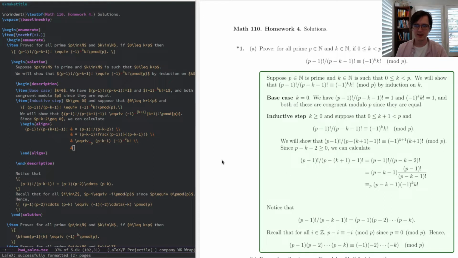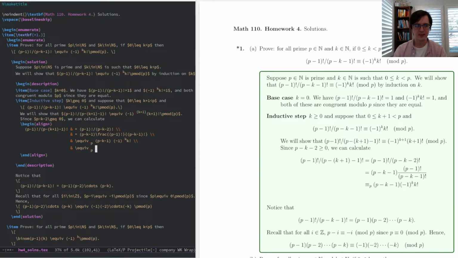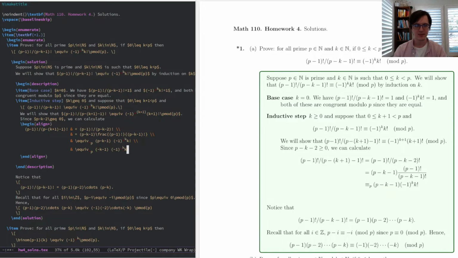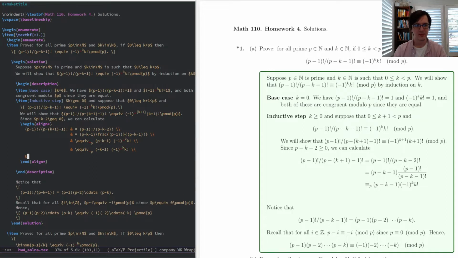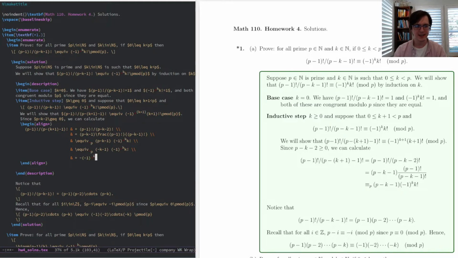And then p minus k minus 1 is equivalent to minus k minus 1, and that is equal to minus 1 to the k.